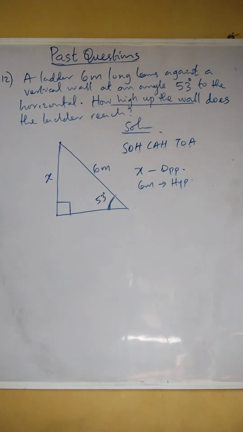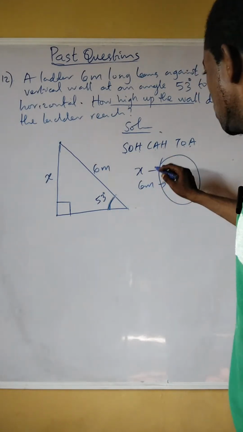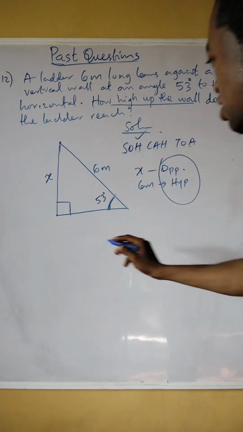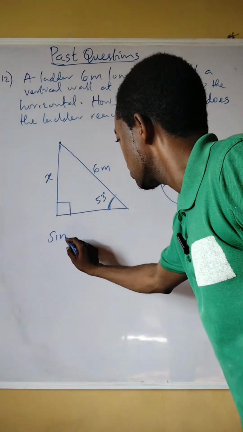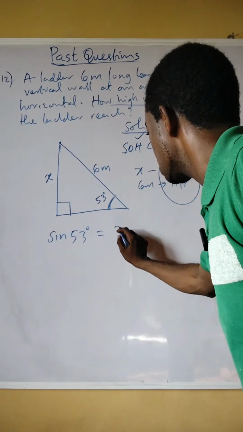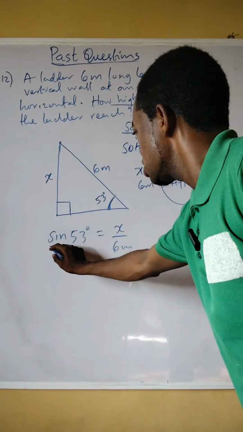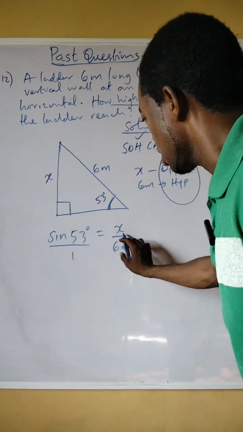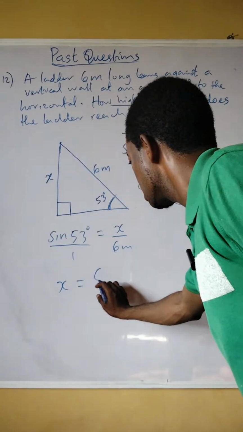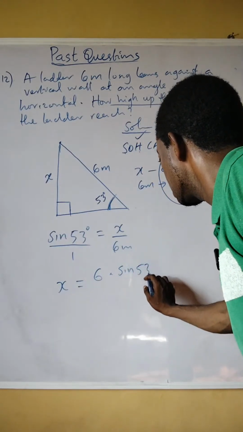Then we have opposite and hypotenuse. Which one goes with this? That's sine. So you pick sine and say sine 53 degrees equals opposite, which is x, over hypotenuse, which is 6 meters. Simple, just cross multiply, and x equals 6 times sine 53 degrees.